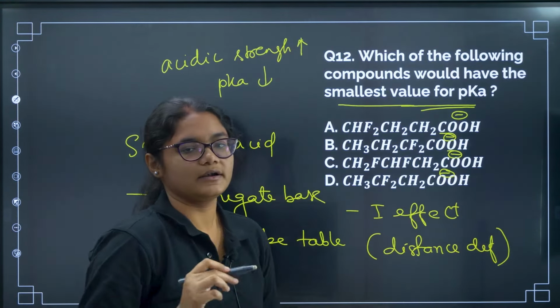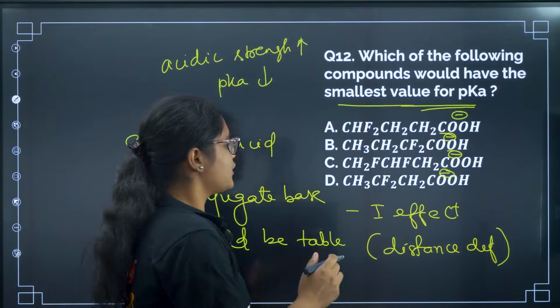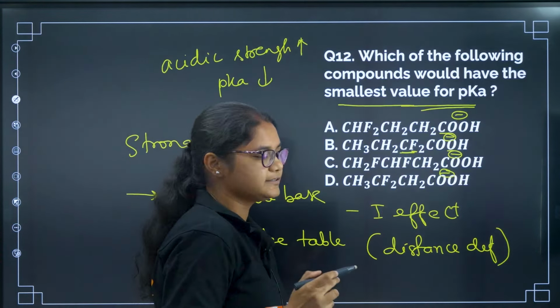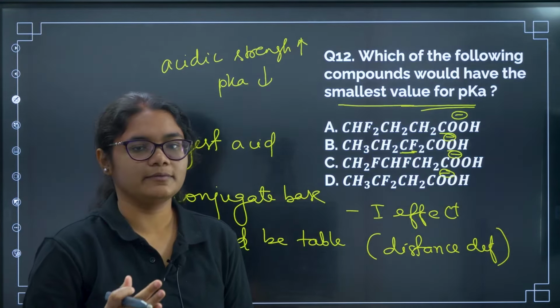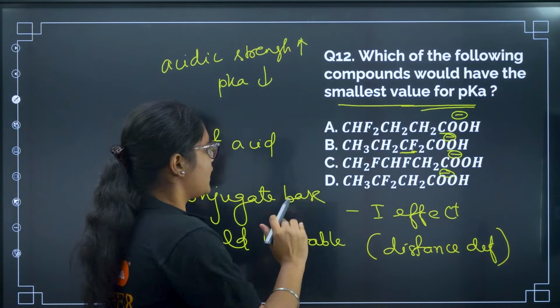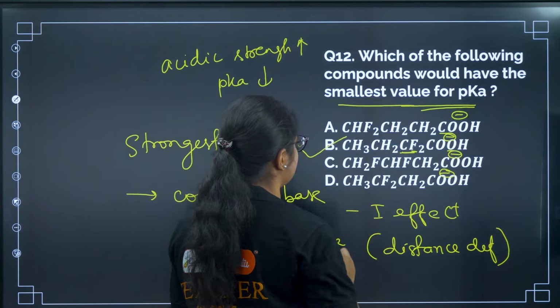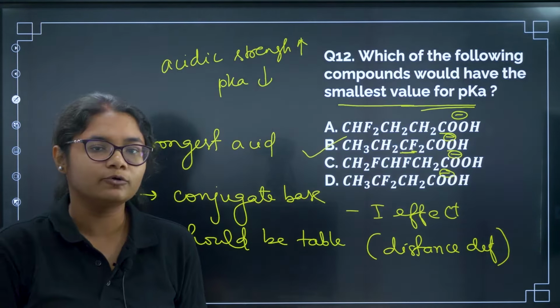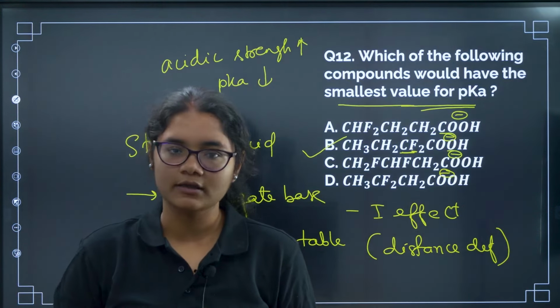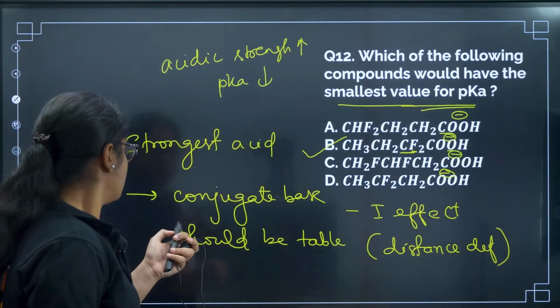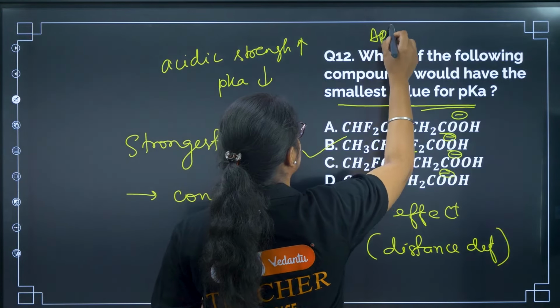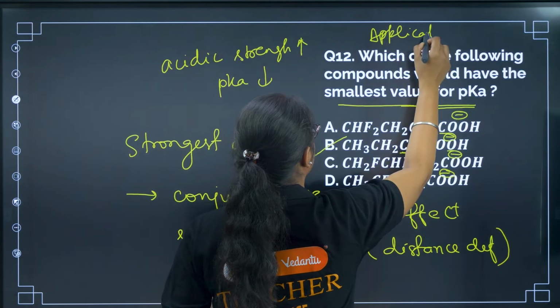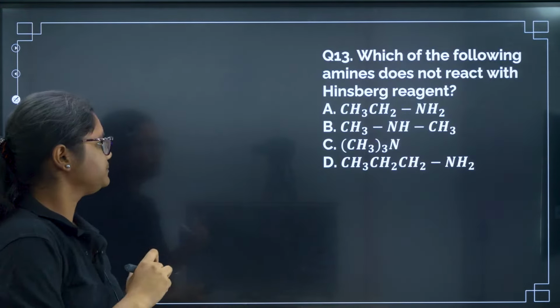Here fluorine is nearest to the conjugate base, so it can withdraw better and stabilize it. So the most acidic one will be option B. Because it is most acidic, its pKa value will be the smallest. Okay, next question. This I can tell you is a little tricky. You have to understand it, an application based question, not very direct, but an easy one.